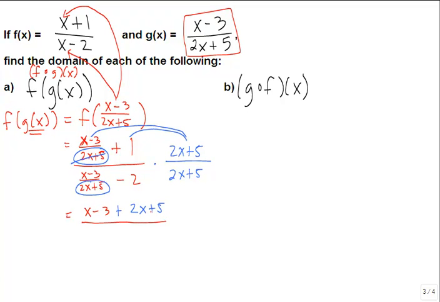All right, let's try that again in the denominator. So now we're going to take this fraction, x minus 3 over 2x plus 5, and multiply it by 2x plus 5. So the 2x plus 5 in the bottom cancels with the 2x plus 5 that we're multiplying by, and it's just going to leave us with this numerator, x minus 3.